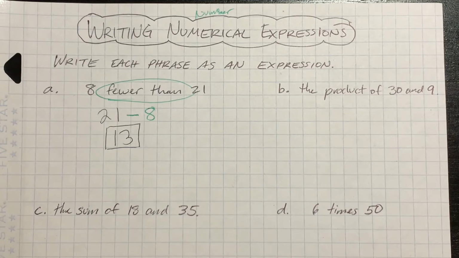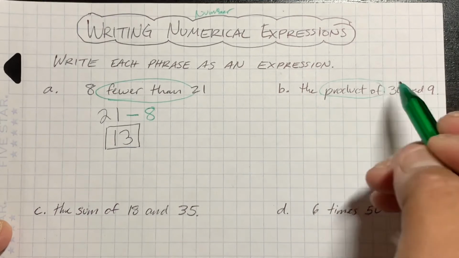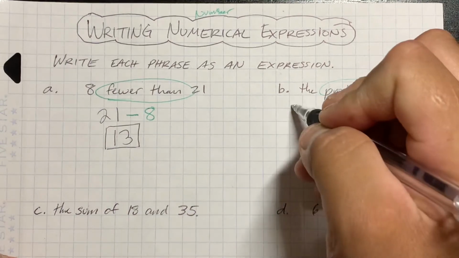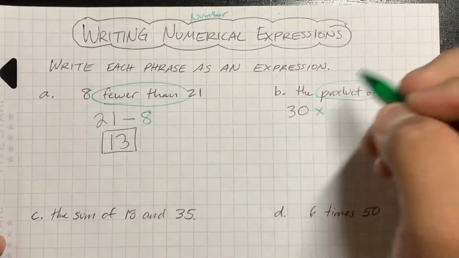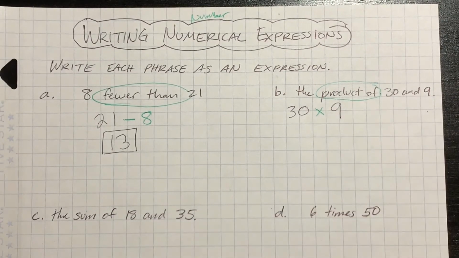Okay, so we have B, the product of 30 and 9. We're going to circle the keywords and phrases. When we talk about products, we're talking about multiplication. So the product of 30 and 9 tells us to multiply 30 times 9.